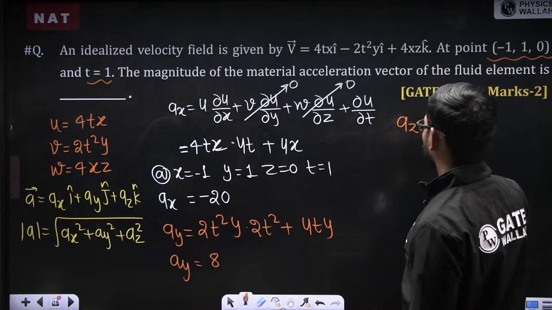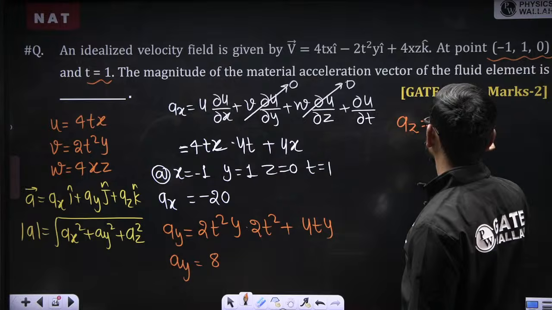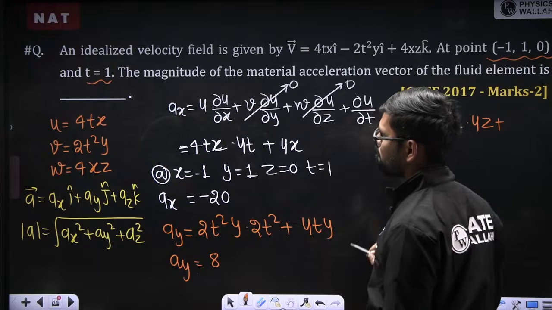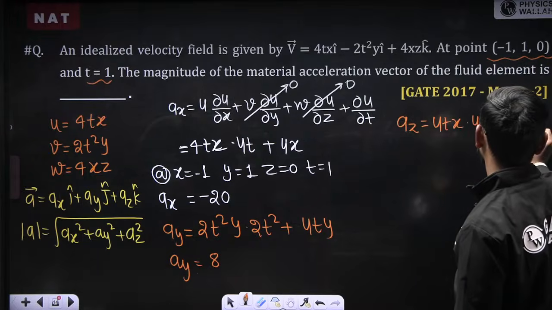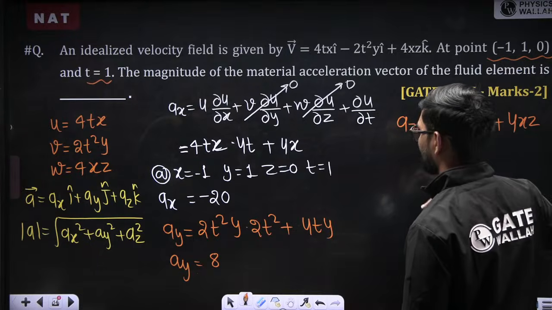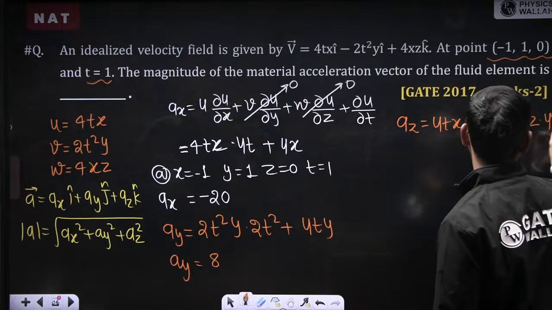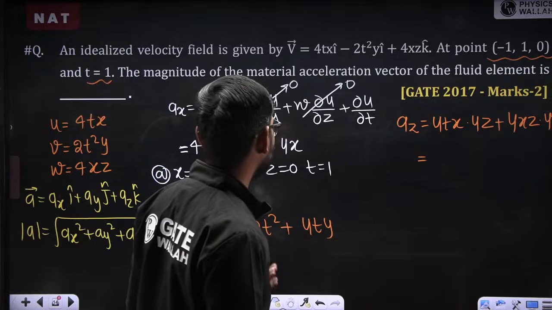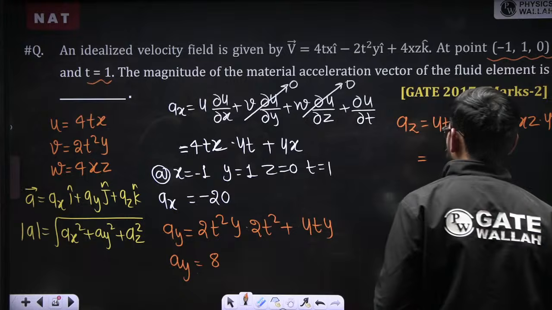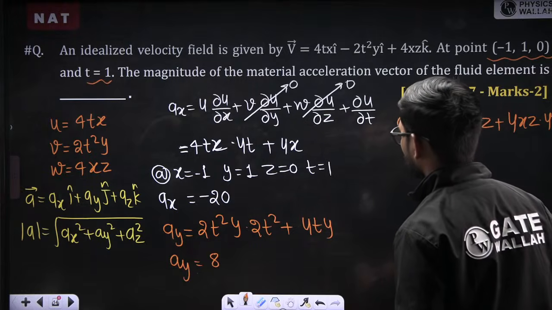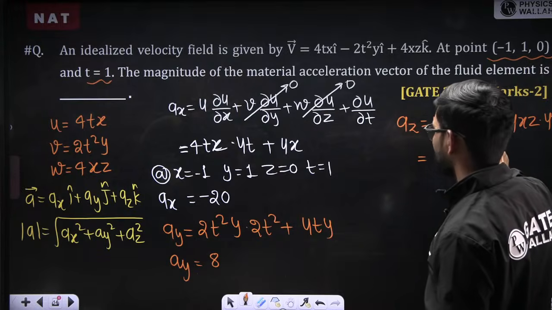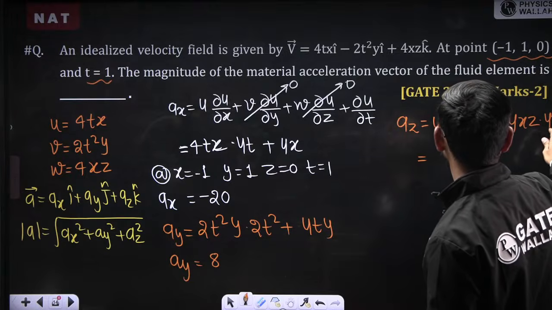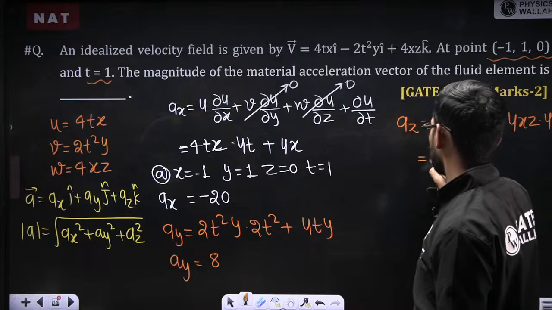So 4tx into dou w by dou x, 4z, plus w, 4xz, into 4x. Now t value is 1, z value is 0, so this term also has z in it. So 0 only. This value will come 0.